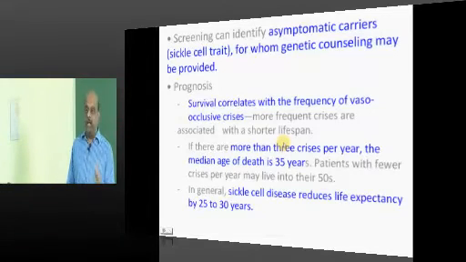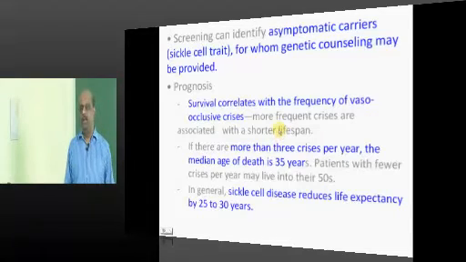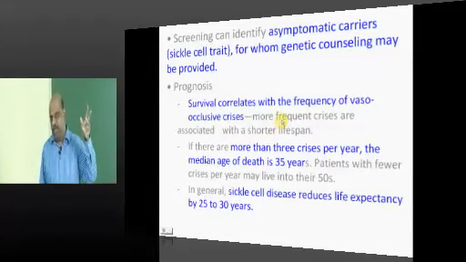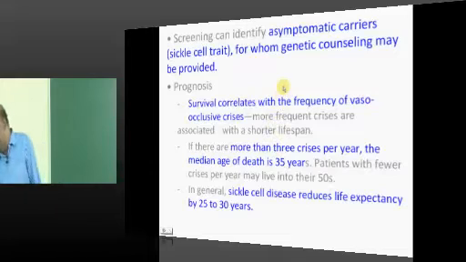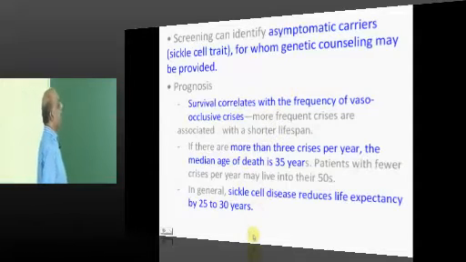So that's the reason you need to carefully monitor and prevent. What are the buzzwords you will not forget? Fever, infection, dehydration, hypoxia. These are the 4 things which you need to avoid in a patient who is having sickle cell anemia, is what needs to be remembered.